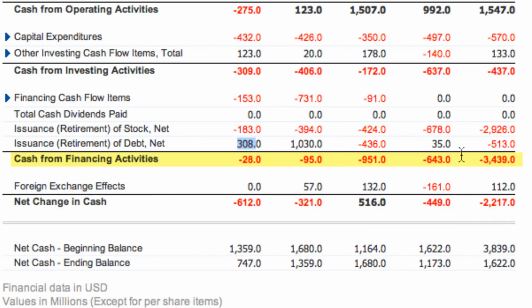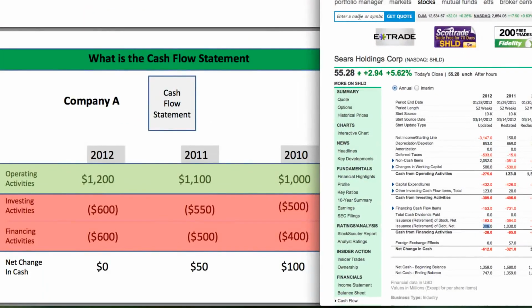So you can see that number is trending in the wrong direction. So when we look at Sears, you can see that this is a company that's probably going through some difficult times right now. I'm sure if we looked at the balance sheet and the income statement, we'd see very similar things. But based off of this cash flow statement, this is not something that you would really want to actively look at.